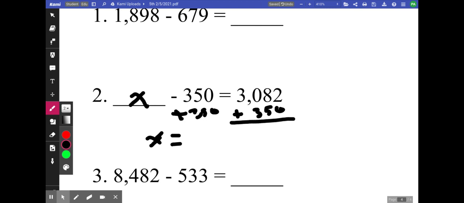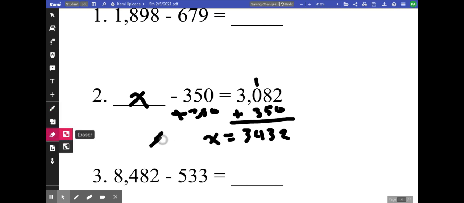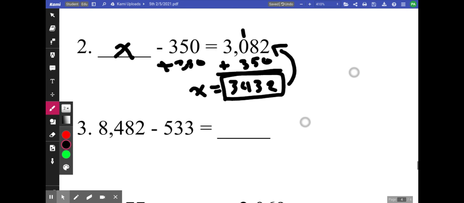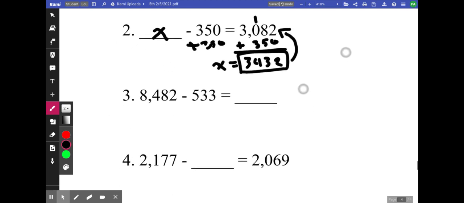So 2 plus 0 is 2. 8 plus 5 is 13. And the 1, 4, 3. And yeah, so x equals. And your missing number is this. See how it's much bigger than 3082? And how did you do that? By adding.